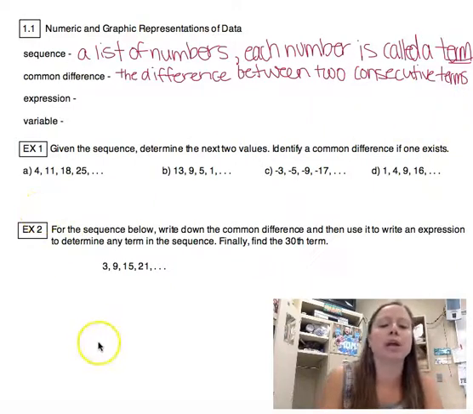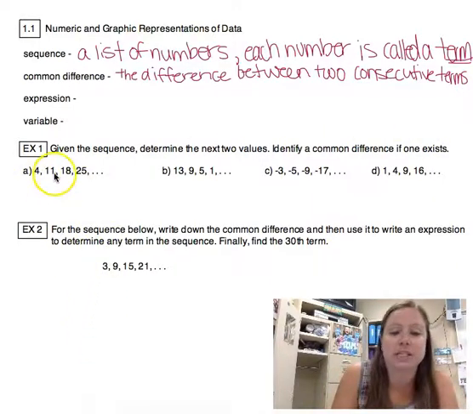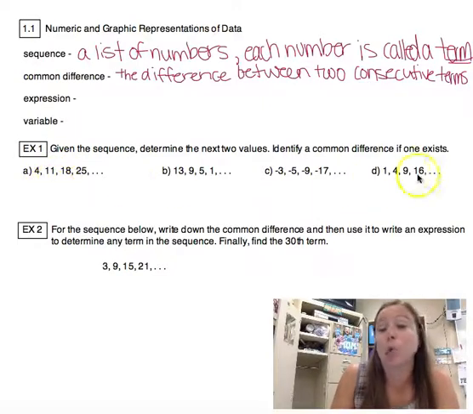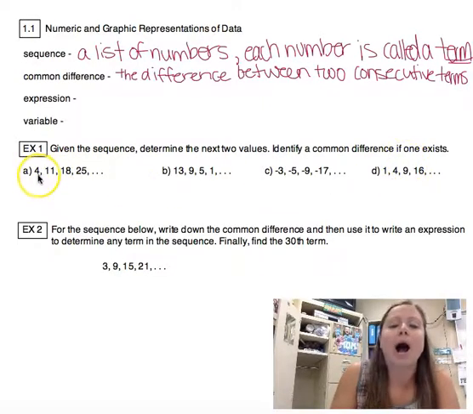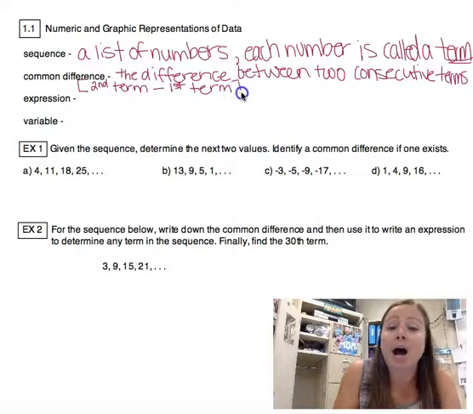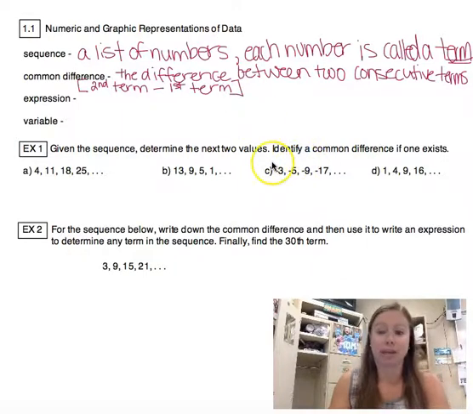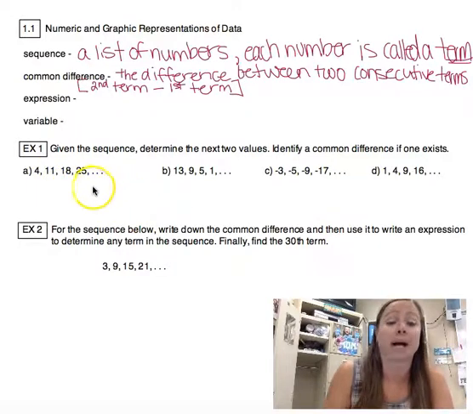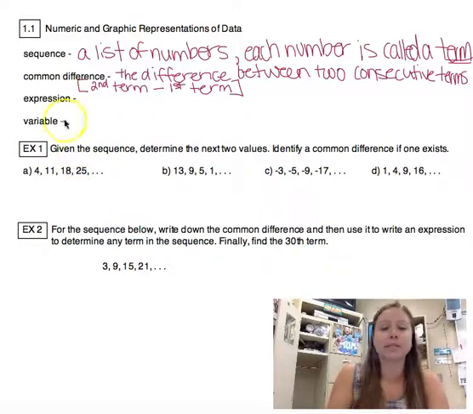So if we were looking for the common difference in this first sequence, which it will ask us to do, I would be taking second term minus the first term. So if you want to write that down, second term minus first term. A common difference can be negative, which I know seems kind of weird for some people, but you can have a positive or a negative common difference.